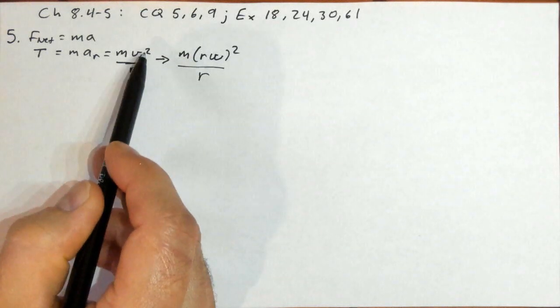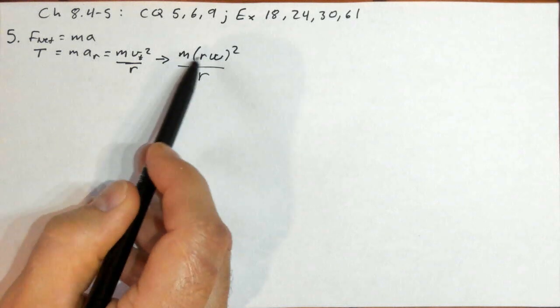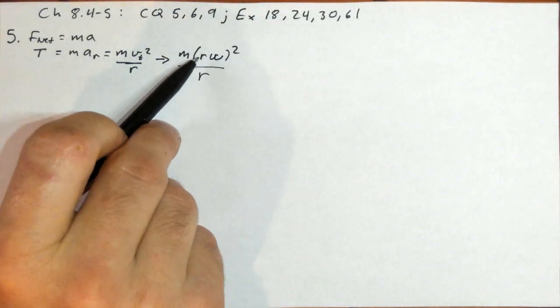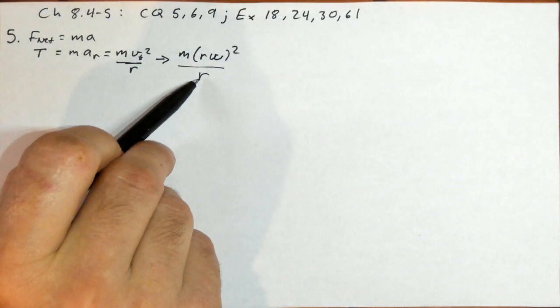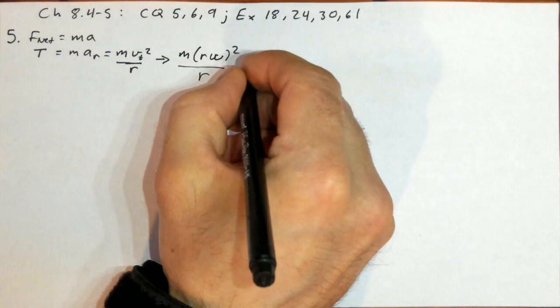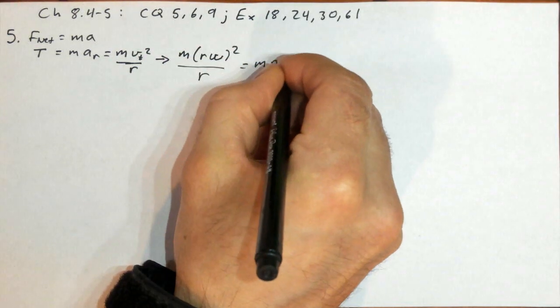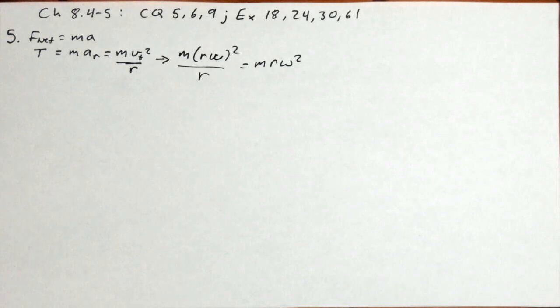So we can just replace tangential speed with r omega, square both things. We'll have two factors of r up top, one of them canceled by this factor of r below, and we end up with m r omega squared. So now, if you hold the angular speed constant, well, now the tension is directly proportional to the radius. And so the one with the larger radius will have a larger tension.